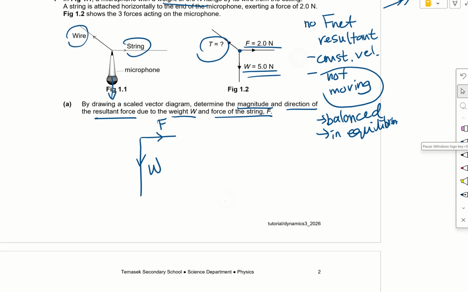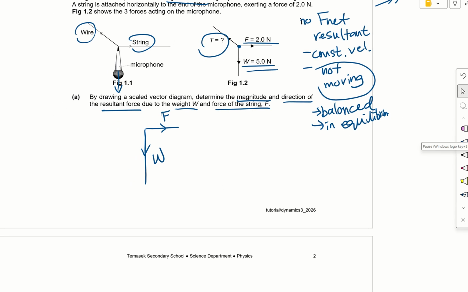And actually it is by arranging them in tip to tail. Currently their orientation is tail to tail. So you actually need to shift it such that they are arranged tip to tail.